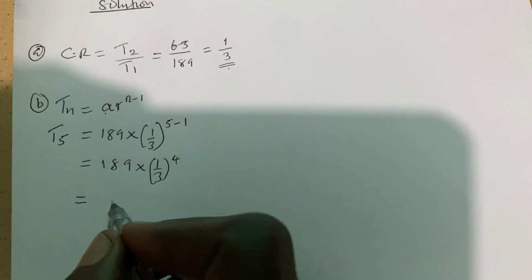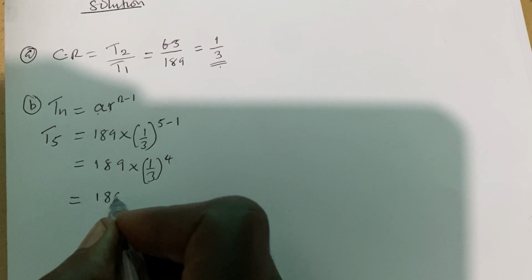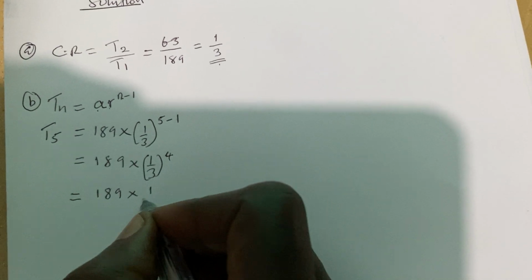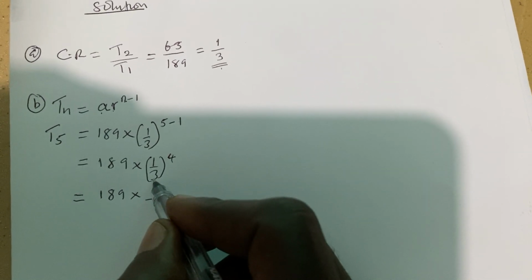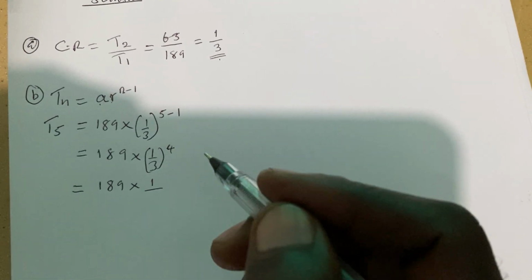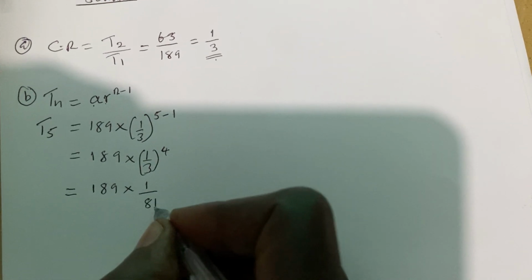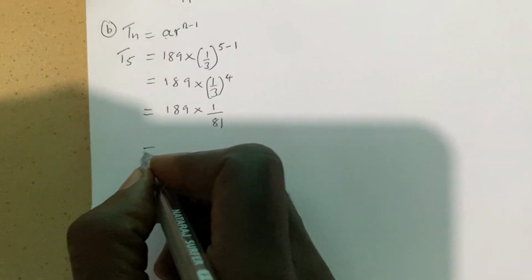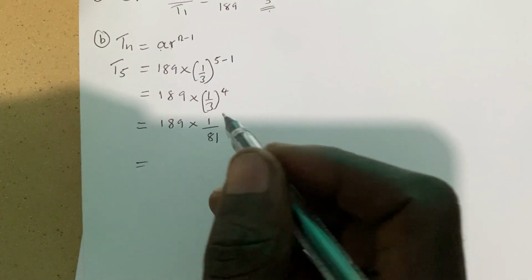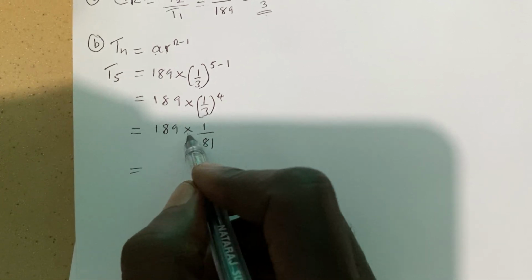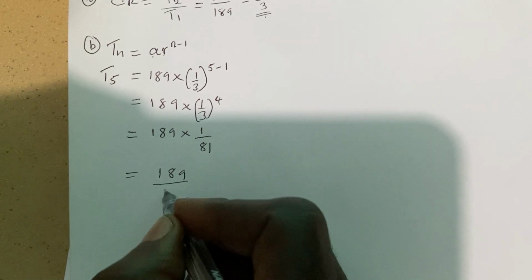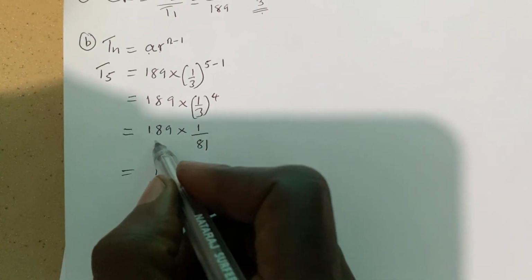Then from there, we can proceed to say this is 189 multiplied by 1 to the power 4, that is 1, over 3 to the power 4, that is 81. Then 189 times 1, that is 189, over 81, because we just say over 1 here.